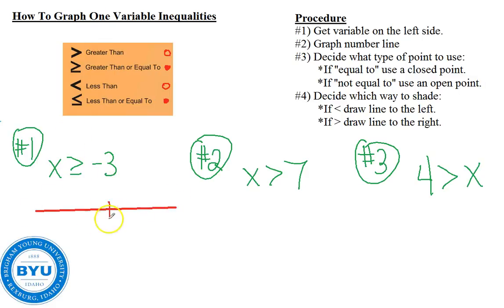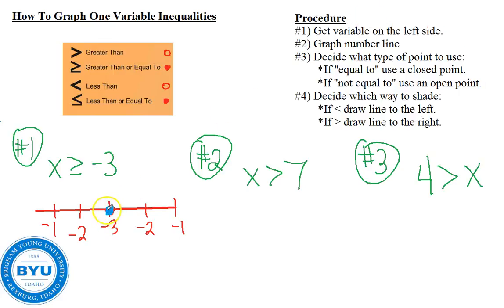Let's go. I'm going to draw -3 here. Let's see, the next number would be -2 and -1. So draw a number line. And step number 1 is get the variable on the left side. It's already on the left, so that's good. I drew the number line. That's good. I need to decide what kind of point this is. It's an equal to, so therefore I'm using a closed dot. Let's use a different color here.